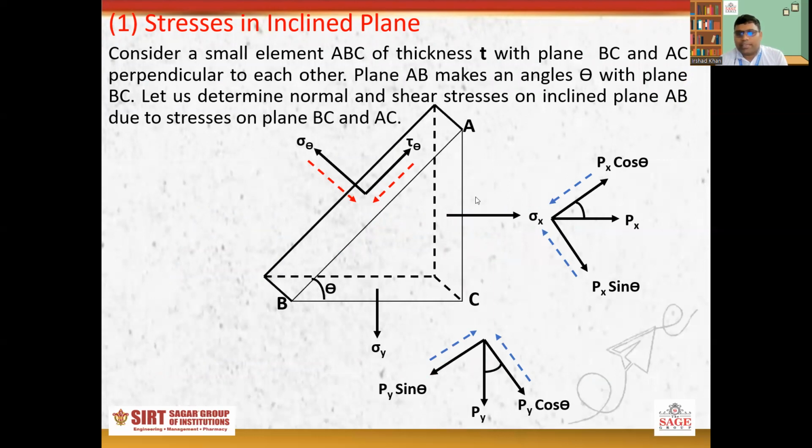Here these planes are AC and BC. And the second case is the same condition. We have to calculate the stresses in this inclined plane due to the loading at this plane and this plane, which are perpendicular planes, but in the second case there will also be shear stress in planes AC and BC.